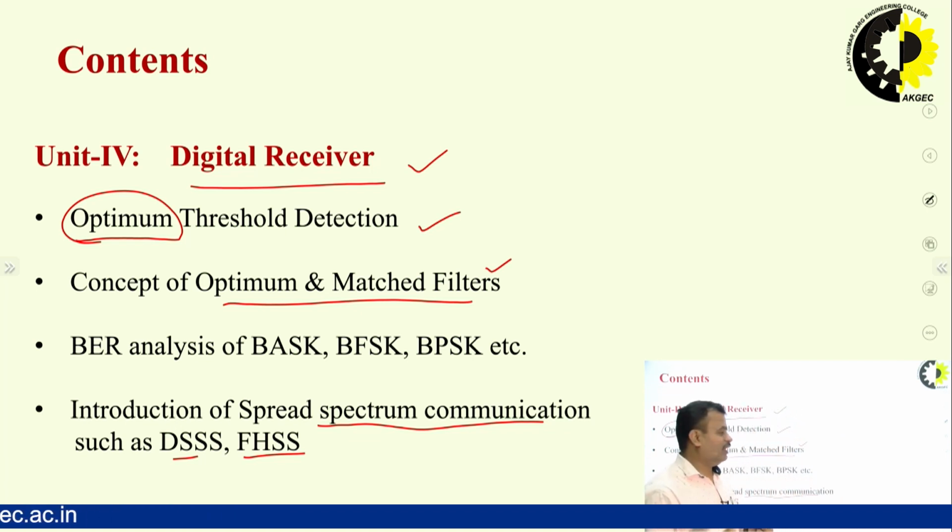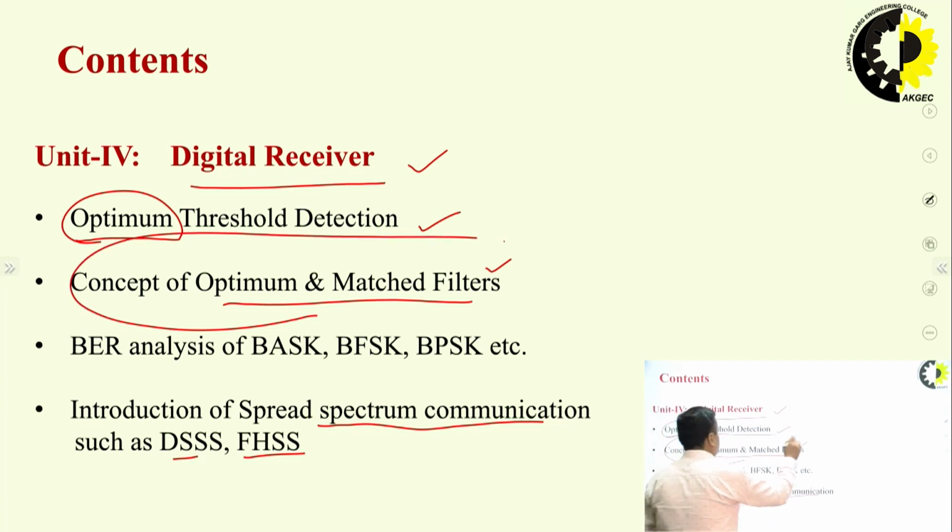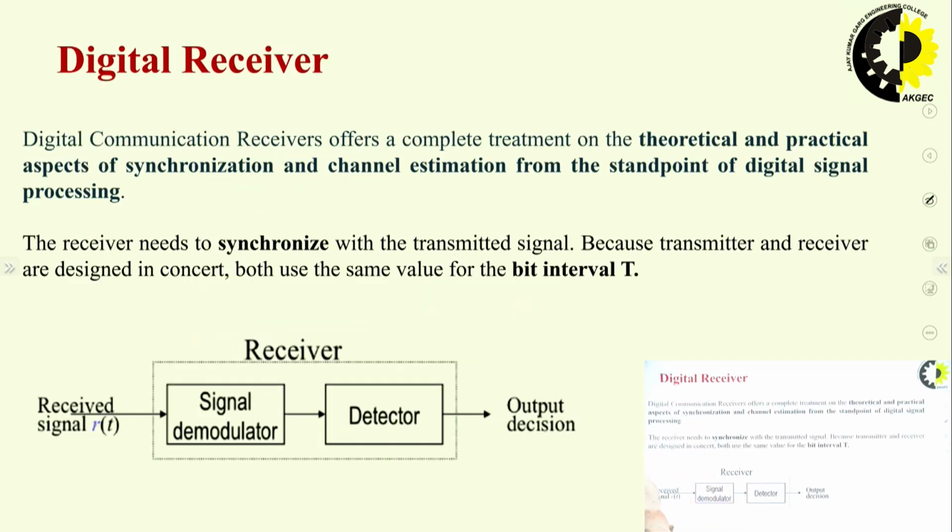But in this lecture I will concentrate only on the concept of optimum and matched filters. So digital receiver means what? The received signal is demodulated using a signal demodulator, then detection is done by comparing your incoming signal with a threshold value, and finally you get the output signal after the decision.